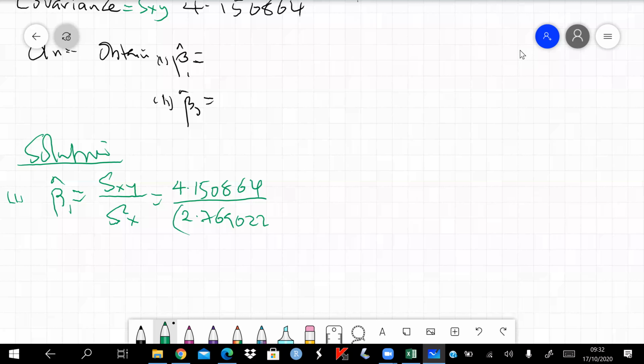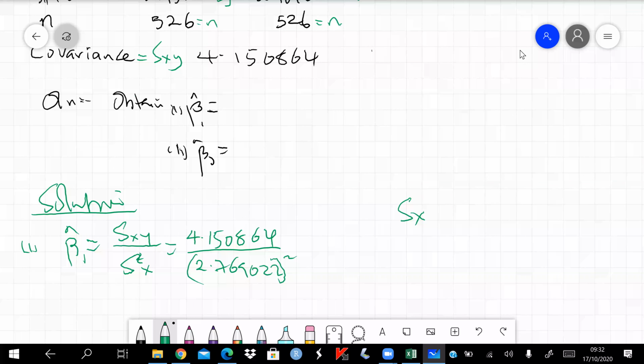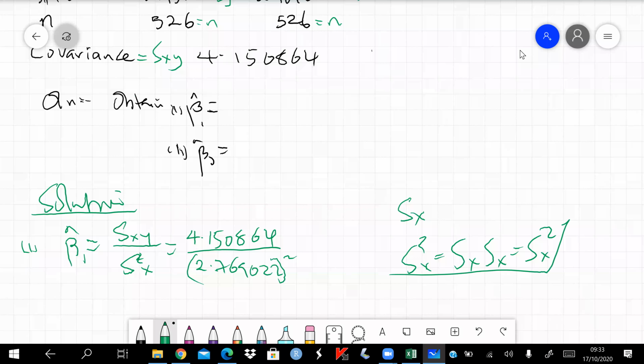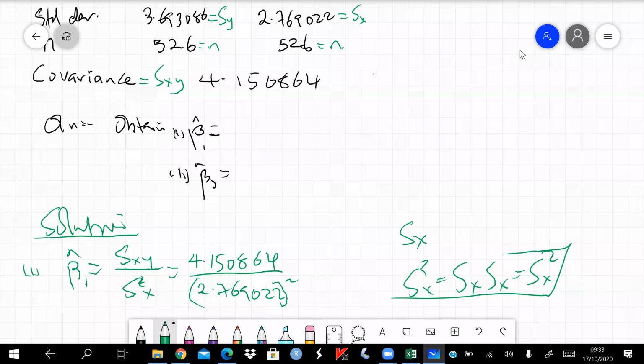Squared, because what we have there is S of X. If you want to get S squared of X, you just take S of X times S of X, which is the same as S of X squared. This is the standard deviation, so once you square it, you get the variance.